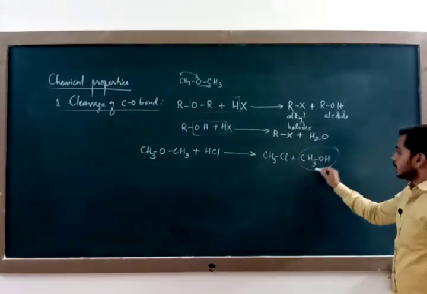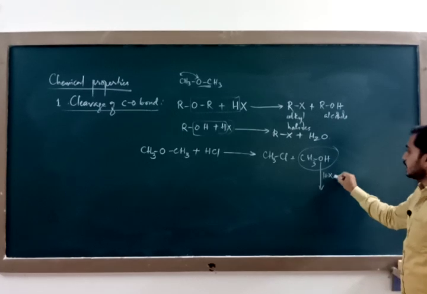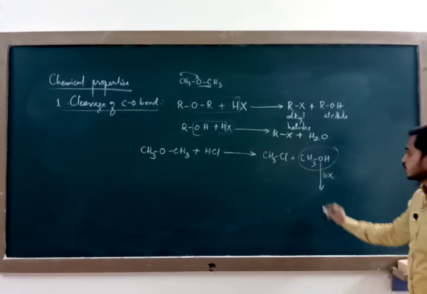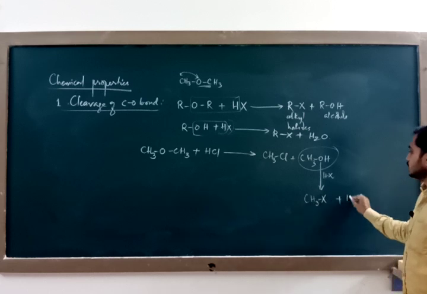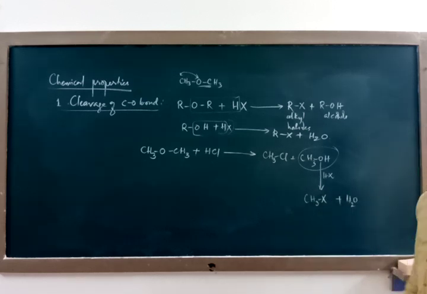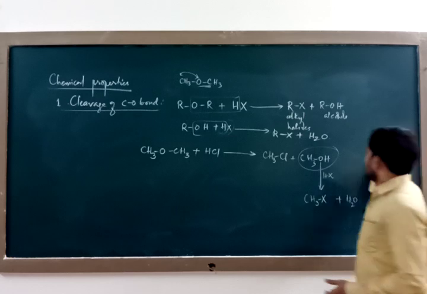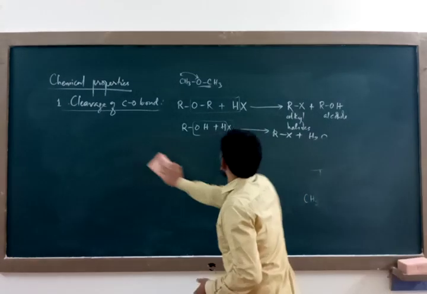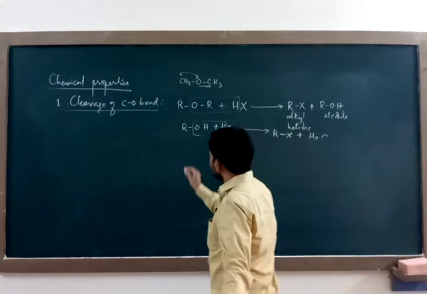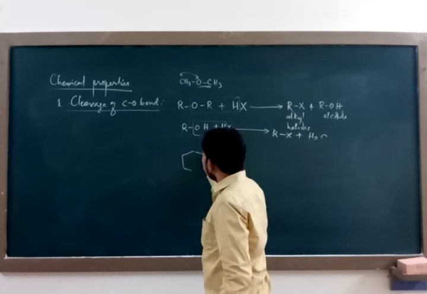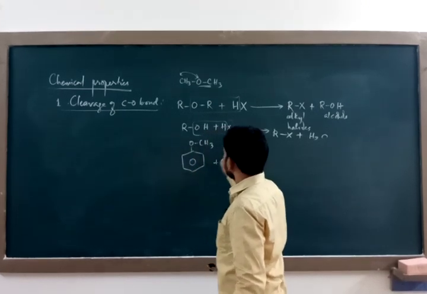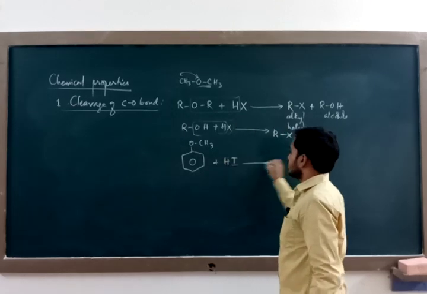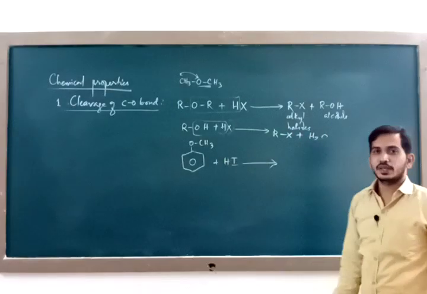Using this byproduct, if the same is again reacted with HX, what should be the product? CH3X plus H2O. Simple. Now let us see the main example that is frequently asked in the exam. If anisole is reacted with hydrogen iodide, what should be the product?